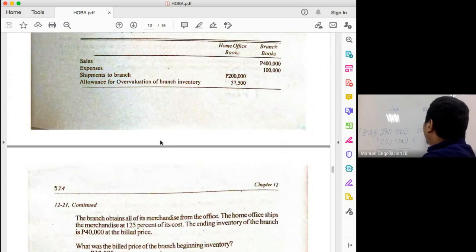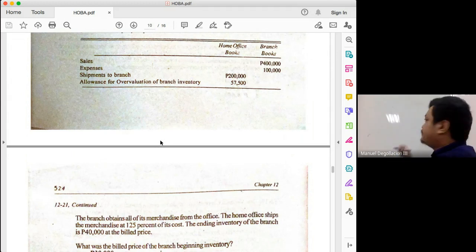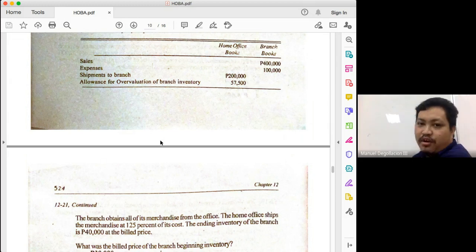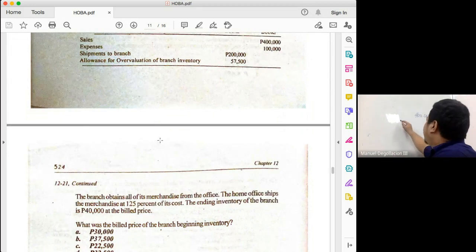Where do we begin in solving for profit, class? Sales, given, 400,000. What's next? Solve for cost of goods sold. How much is the beginning inventory? We have already solved it earlier, 37,500.